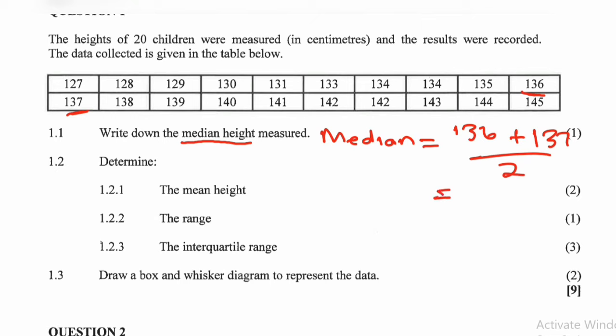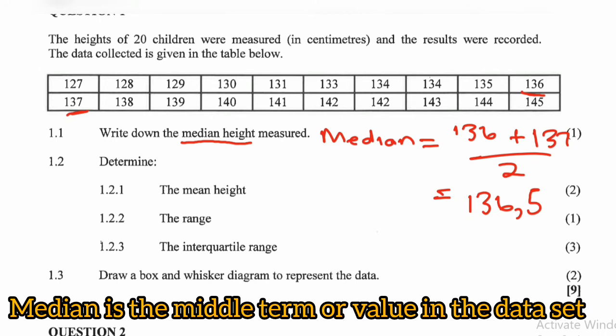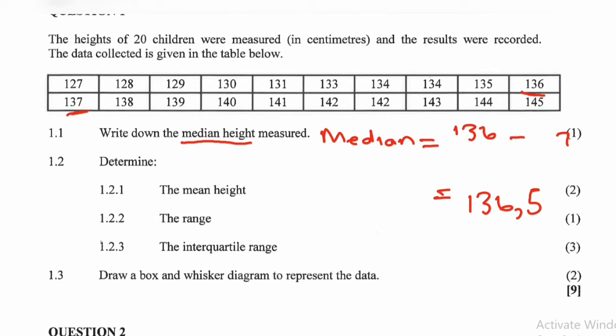Now you will find that your median is 136.5. Now that is your median as it is defined. So now that's 1 mark for us for calculating the median. Let's continue now to 1.2.